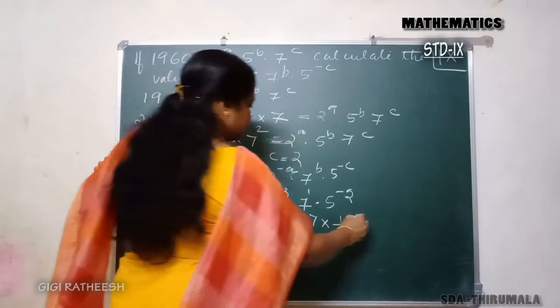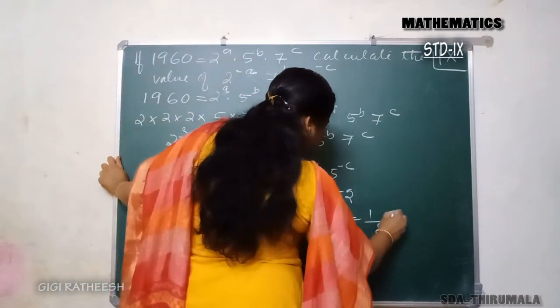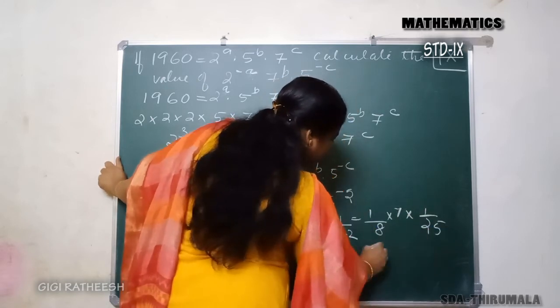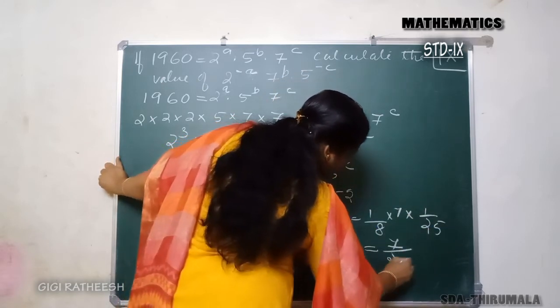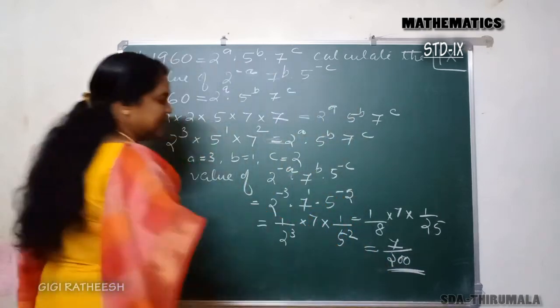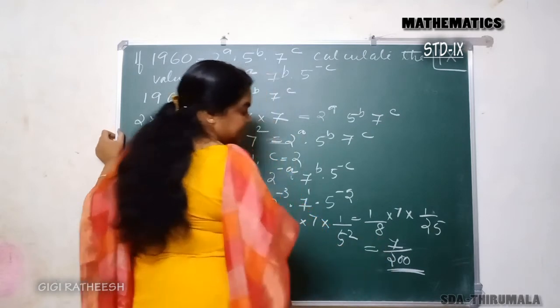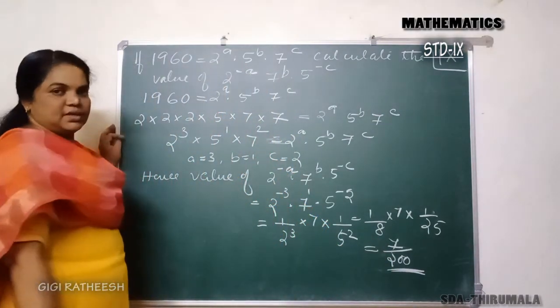Let us expand, that is 1 by 8 into 7 into 1 by 25, that is equal to 7 by 200. This is the answer. That is 7 divided by 8 into 25, which is 200.